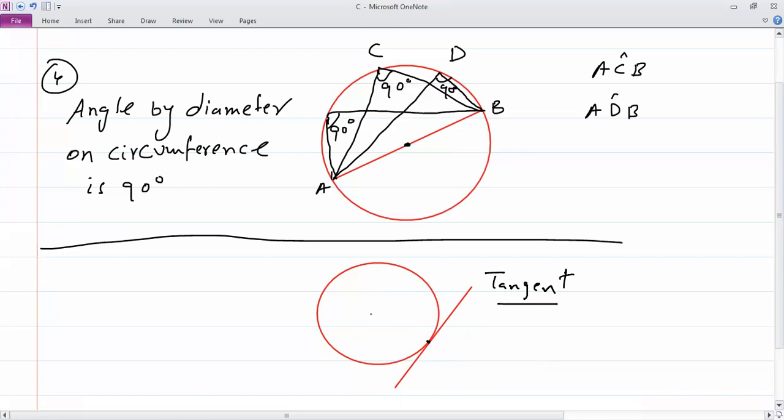Now, rule number 5 says that if you have the center O, and say this is A, what is OA? OA is the radius.